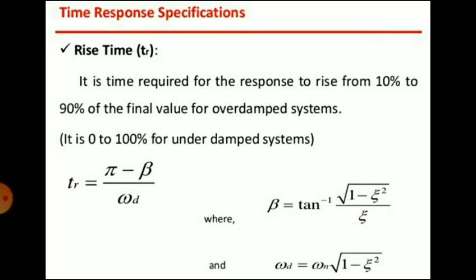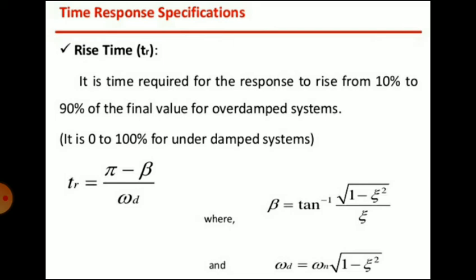Then rise time, TR. It is the time required for the response to rise from 10% to 90% of the final value for overdamped systems, and 0 to 100% of the final value for underdamped systems. The rise time is the reciprocal of the slope of the response at the instant the response is equal to 50% of the final value.